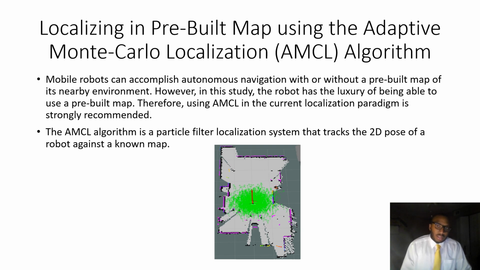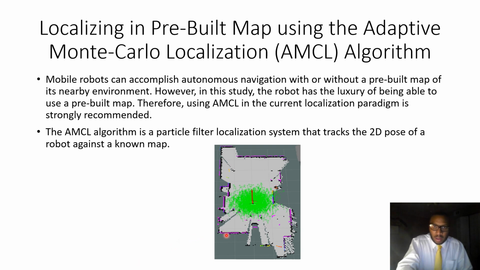And by localize, I essentially mean determine where the robot is in the map at any given point in time. And while we can argue that the odometry estimation can be a good buffer for that, we can also add another algorithm that further robusts the result of localizing within the map, which is known as the adaptive Monte Carlo localization algorithm. Basically, this algorithm is a particle filter, which sends out a bunch of guesses of where the robot may be, and that's essentially what you see in this image right here.